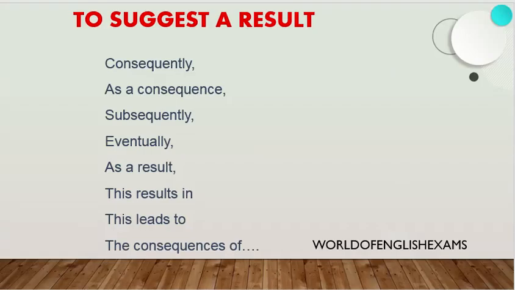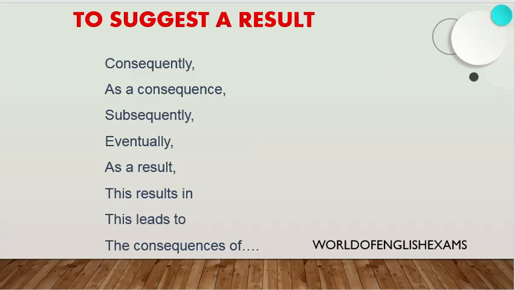To suggest a result. So when you are suggesting that something would happen as a result of an action which is performed earlier, even for that you can use linking words like consequently, as a consequence, subsequently, eventually, as a result, this results in, this leads to, the consequences of so and so.